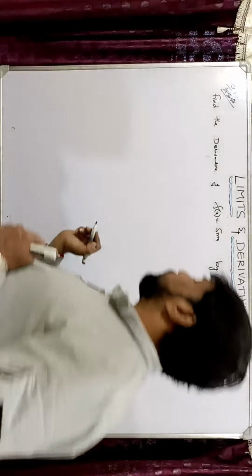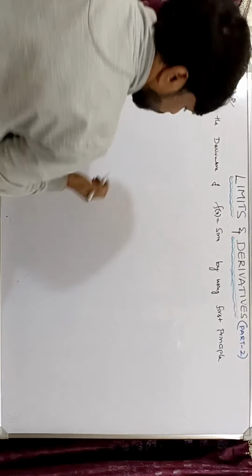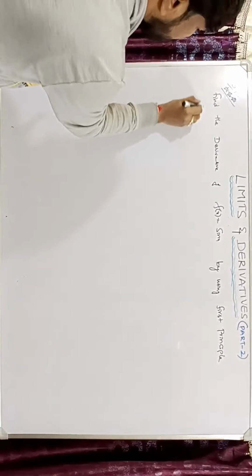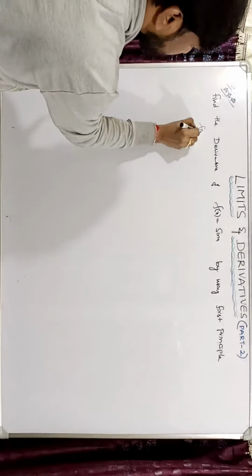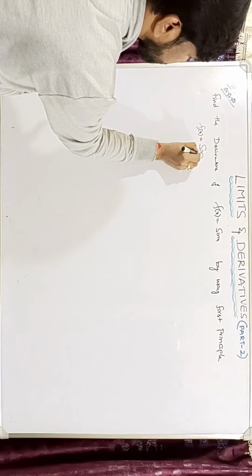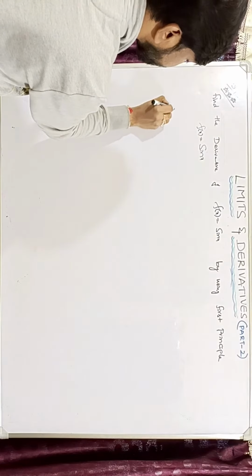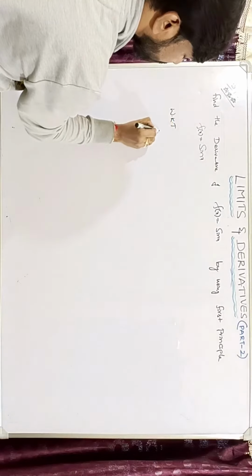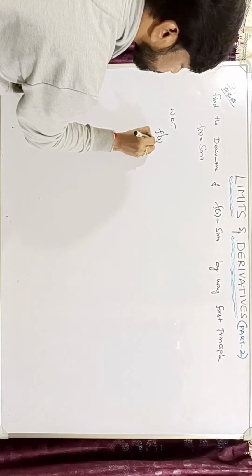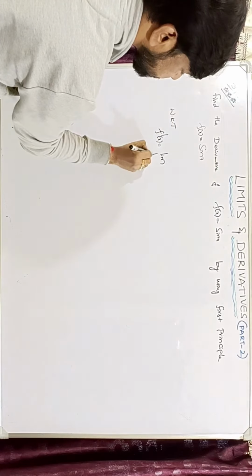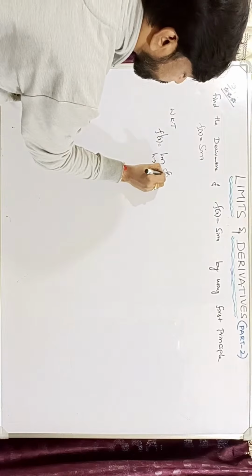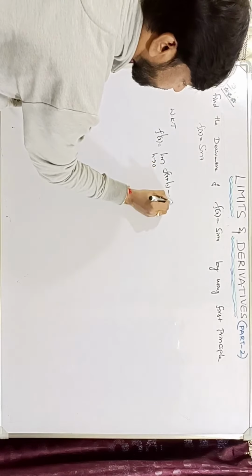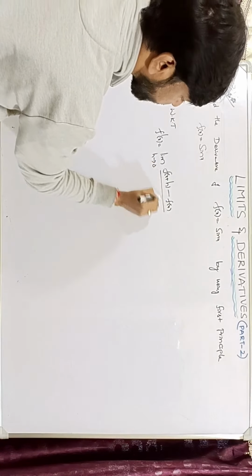Okay, so now what to do? Let us write down what is f of x. f of x is equal to how much is given? Sin x. What is your formula actually? We know that f dash of x is equal to limit h tends to 0, f of x plus h minus f of x whole by h.